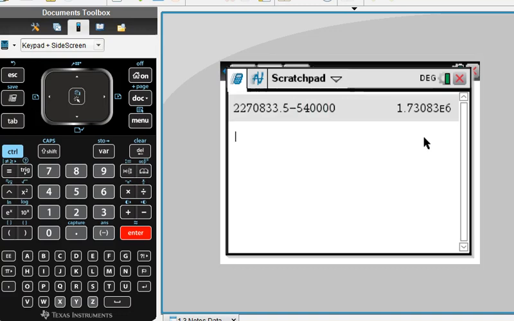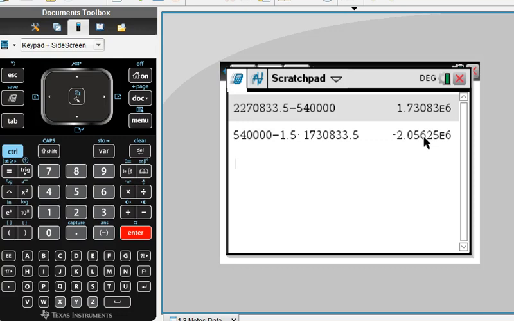Okay, so there's my IQR, a fairly large number. Then I'm going to take my Q1 minus 1.5 times this number. Okay, that's negative 2 million.